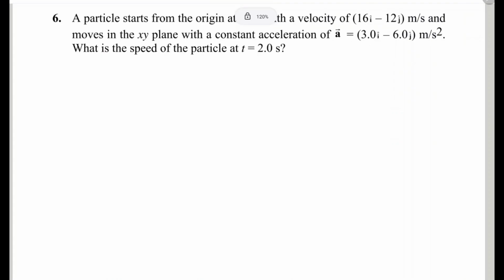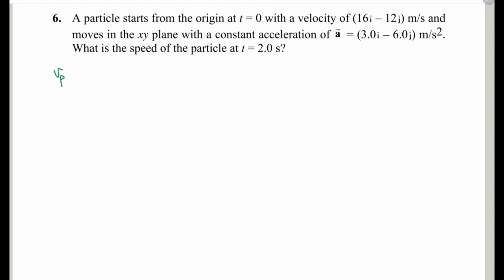A particle starts from the origin at t equals 0 with velocity 16i minus 12j and moves in the xy plane with a constant acceleration a equals 3i hat minus 6j hat. What is the speed of the particle at t equals 2 seconds?